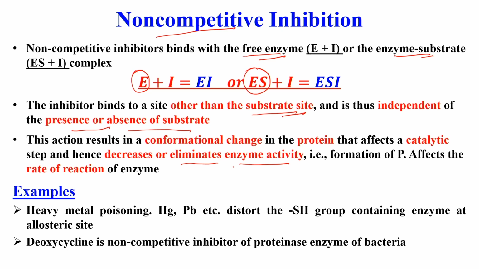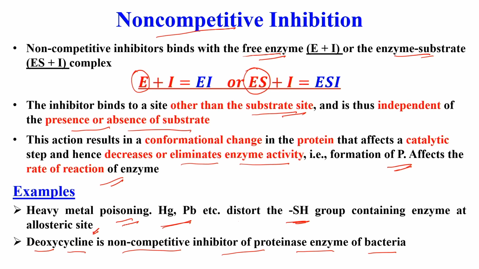If I say it decreases or eliminates enzyme activity, it means it is interfering with the product formation or rate of reaction of the enzyme. For example, heavy metal poisoning by HgCl2 or lead distorts the SH group containing enzyme at the allosteric site. Doxycycline is a non-competitive inhibitor of a proteinase enzyme in bacteria.